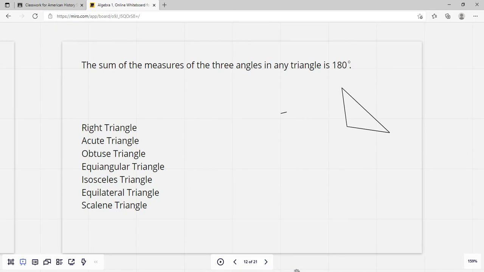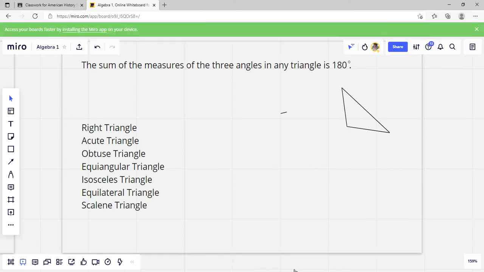All right, so the sum of all the angles in a triangle always equal 180 degrees. So we're going to be talking about triangles now. So that means that if we add up the measures of all 3 angles, 1, 2, and 3, it has to equal 180. Okay, a right triangle is a triangle who has a right angle in it.